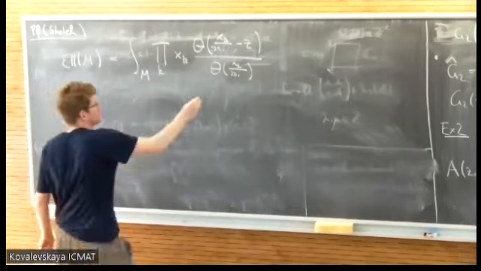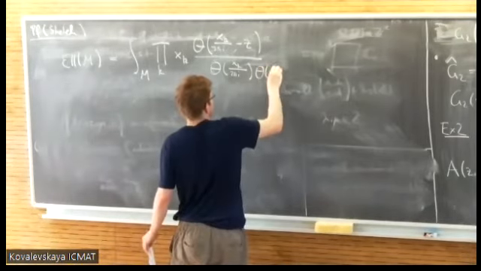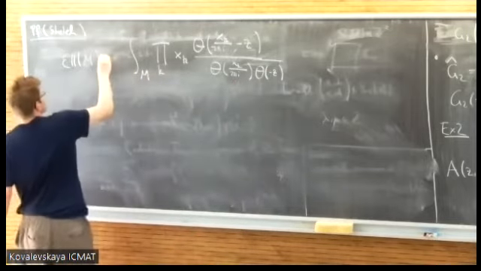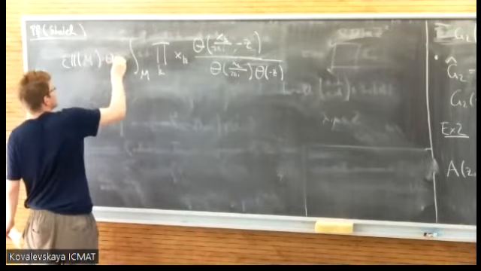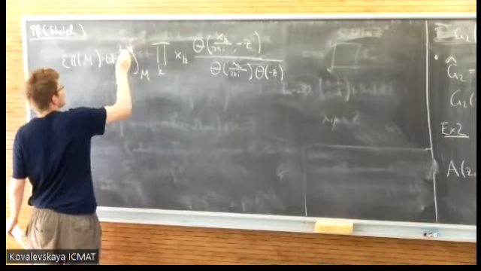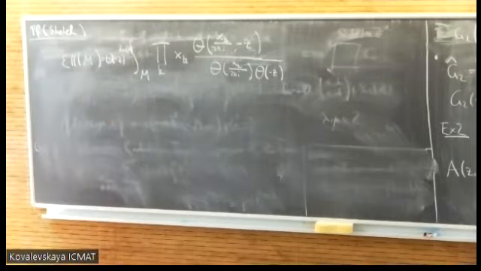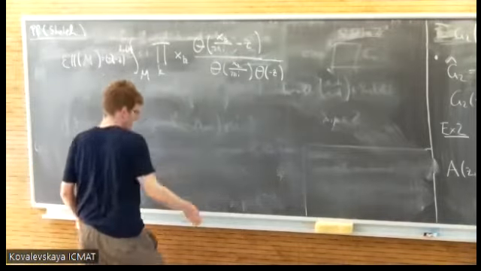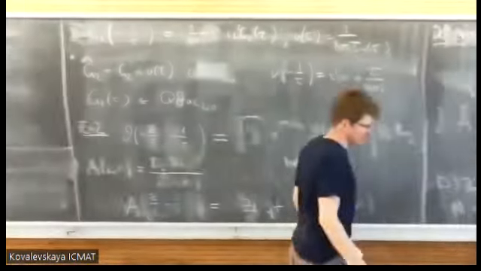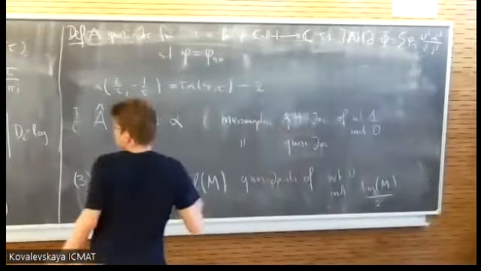And so you can normalize this, put in this theta of minus z factor, and then take out theta of minus z to the dimension of m. So this is a complex dimension. And then, as already discussed last time, on the right hand side you get the Zagier function.